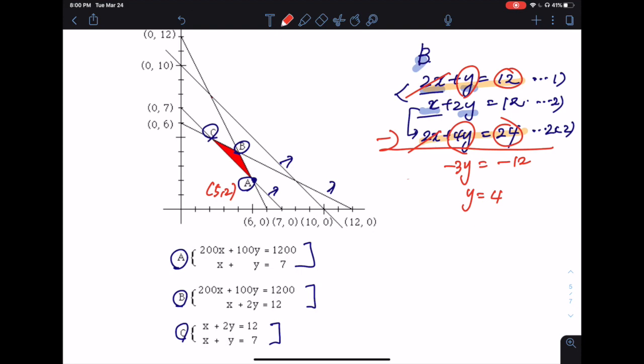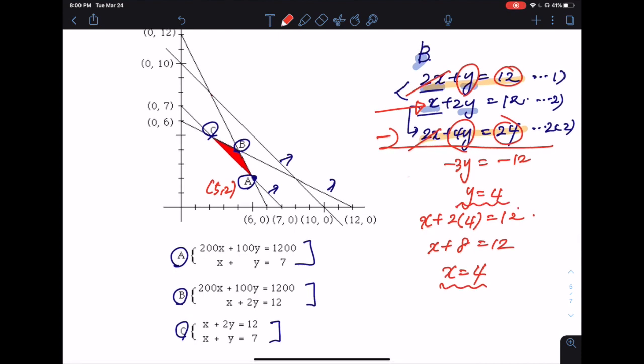You can use any equation, but let me use this equation. Then x plus 2 times y, plugging in y equals 4, equals 12. So x plus 8 equals 12, then x equals 4. So x equals 4 and y equals 4. So B is (4, 4).